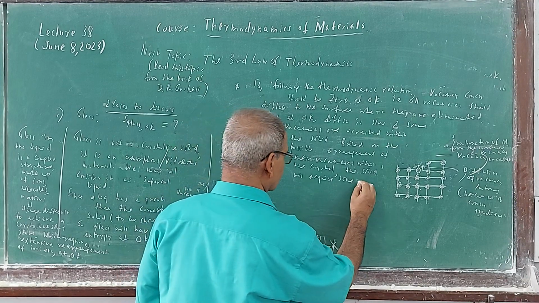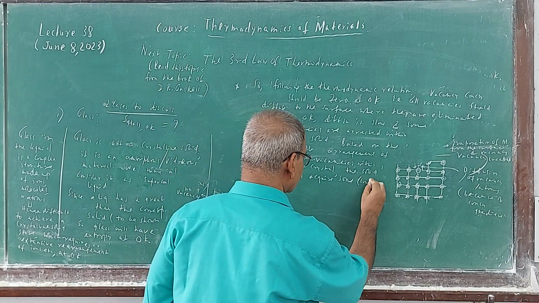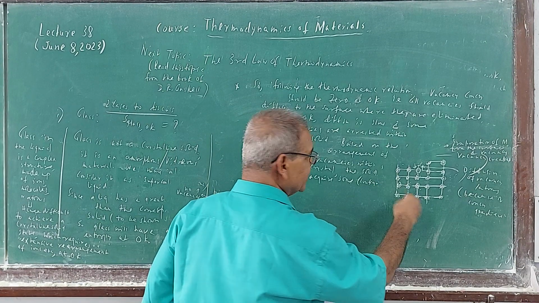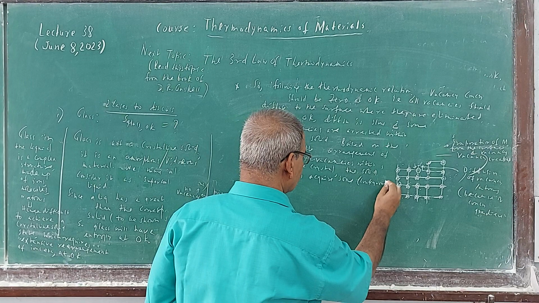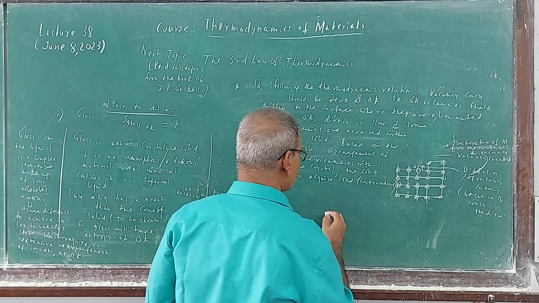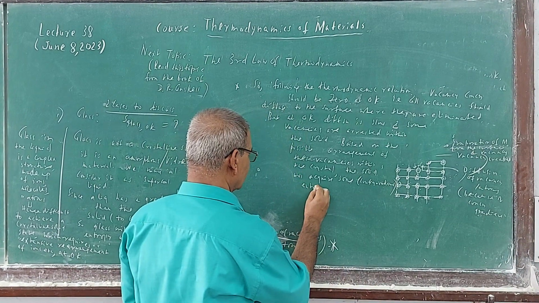Entropy. This is called configurational. Configuration means here or there arrangement. Arrangement is configuration. Some configurational entropy.